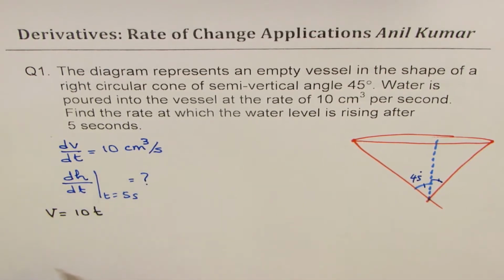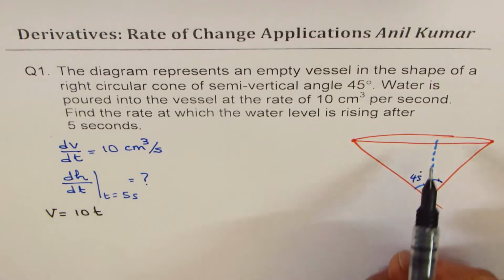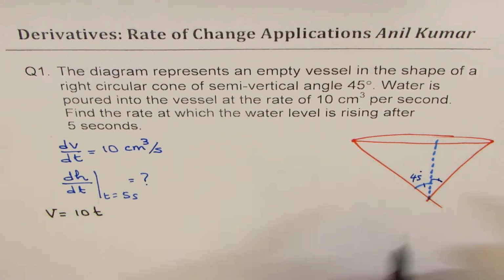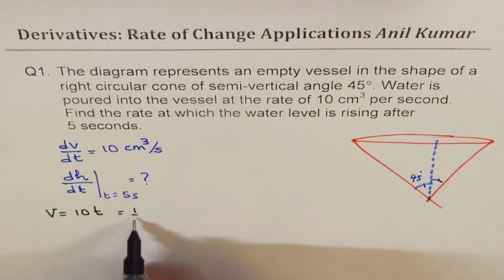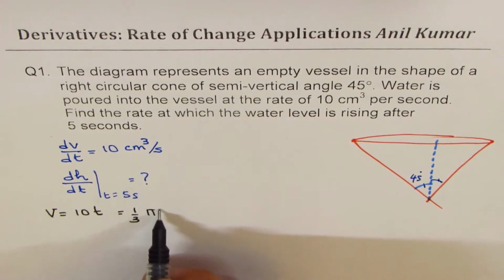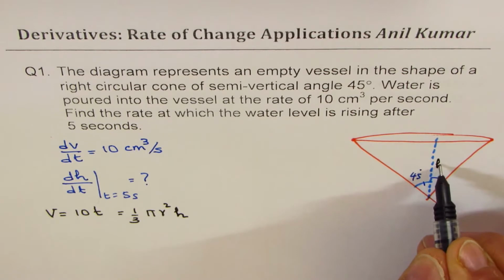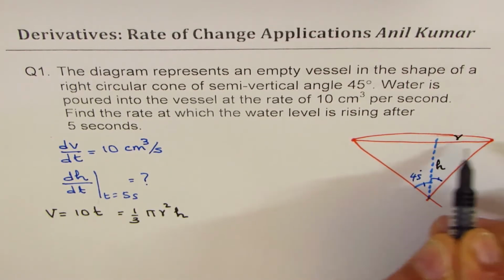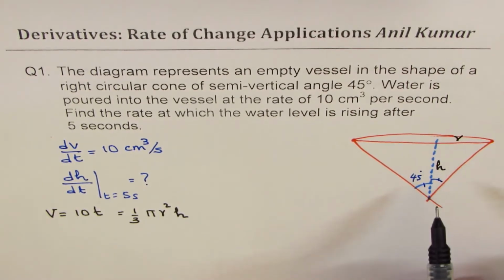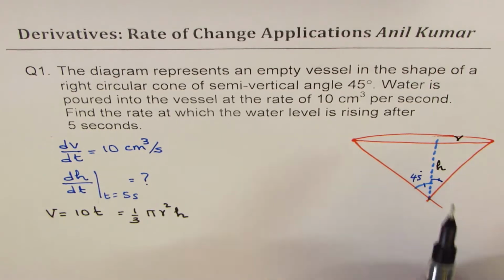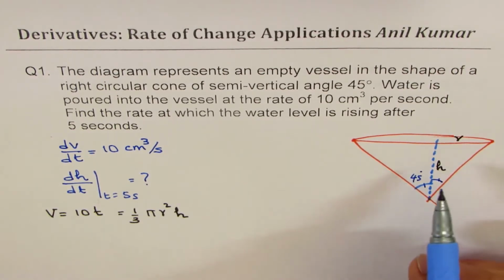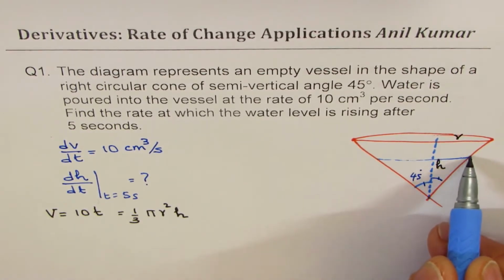Perfect. Now we also know that volume of a cone is equal to 1/3 pi r square h, where h is the height and r is the radius, right, at any particular instance of time. So let's say it is filled up to this place, right?